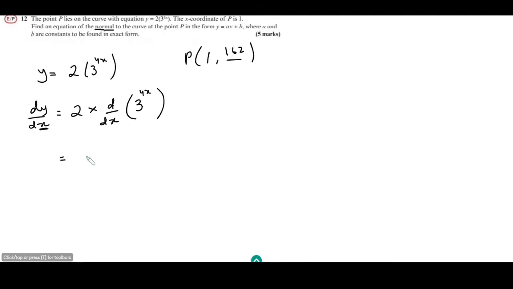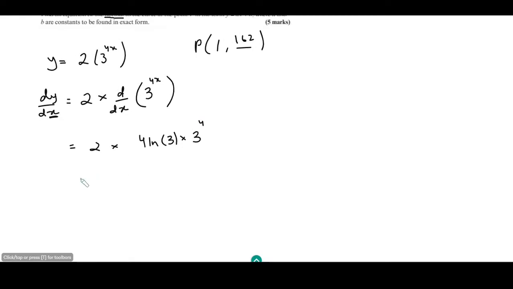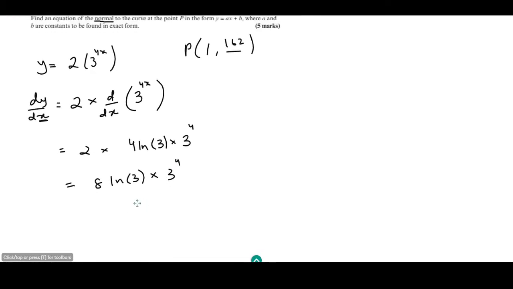Okay, so then I have 2 times the derivative of 3 to the power of 4x, which you should know is 4 ln 3 times 3 to the power of 4x. And so our final derivative is 8 ln 3 times 3 to the power of 4x. Once we've found the derivative, let's find the gradient, and we find the gradient by plugging in this x-coordinate.